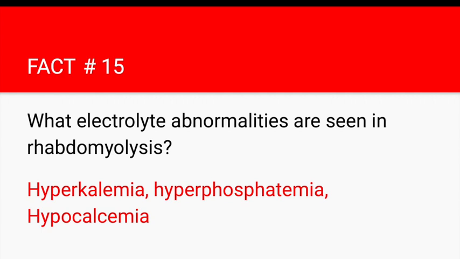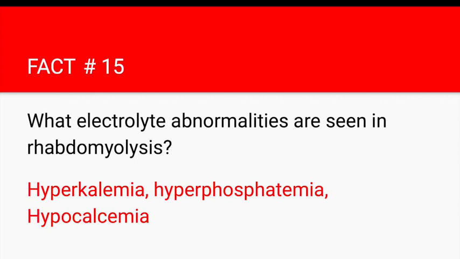And please note that the dark urine is not due to blood. If the patient does a urine dipstick, it will detect blood. But if you look under the microscope, there isn't blood there. It's actually myoglobin from the breakdown of the skeletal muscles.